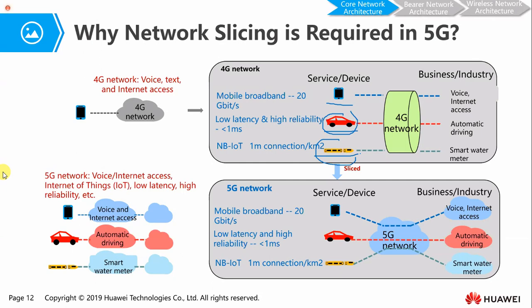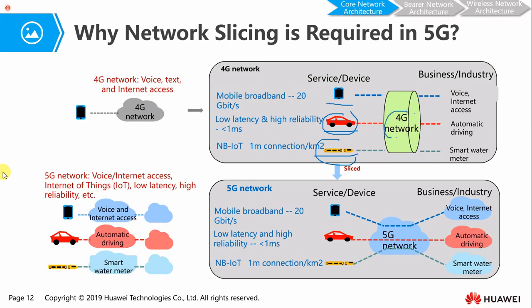But in 4G, just one 4G network provides service to all of these services, and they have the same performance. In fact, this 4G or LTE network cannot adapt to all services because it doesn't have the capability to cut the network into different subnets and provide different capabilities to different services.